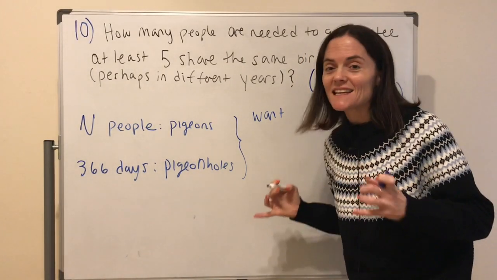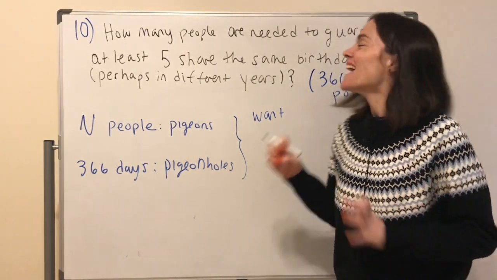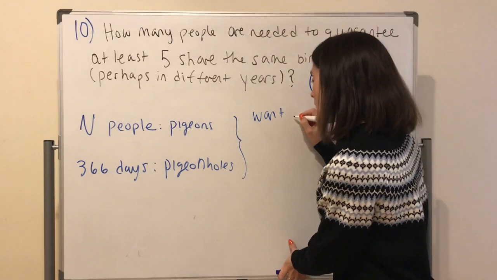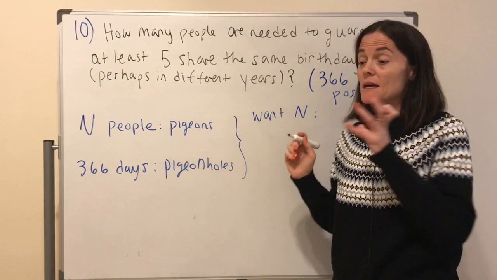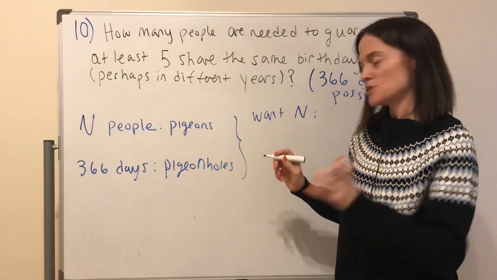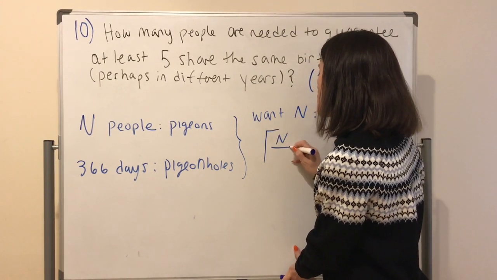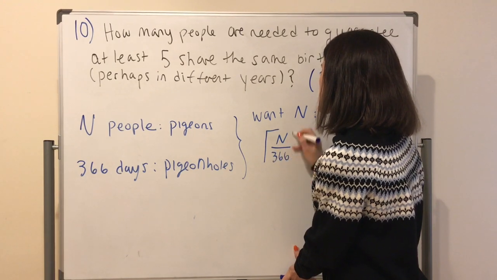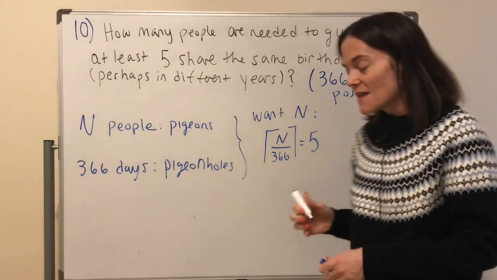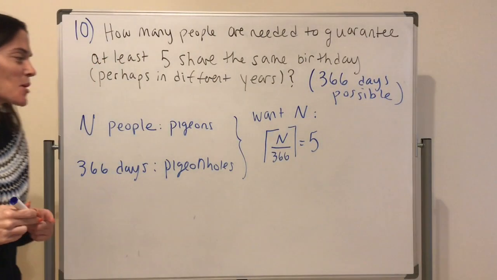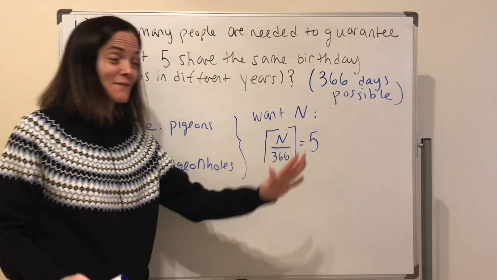How many are needed? This would be the smallest capital N such that you can guarantee at least 5 share the same birthday. So this would be capital N such that, if you think about the generalized pigeonhole principle, we would need the ceiling of N over 366 equals 5. Okay? This is what the generalized pigeonhole principle says. And in fact, we did that in a video. Okay?